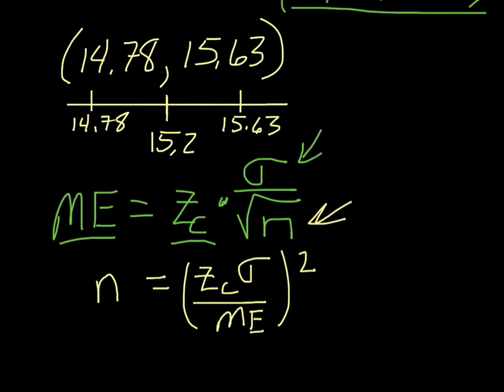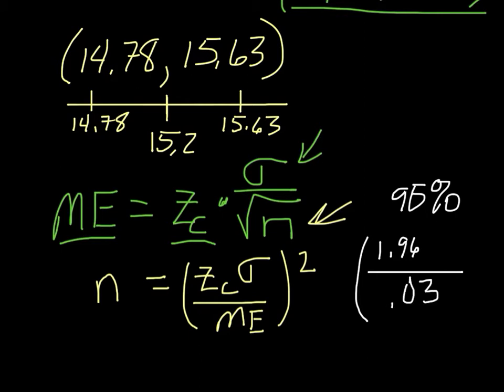Suppose you have a situation, I want to take a poll for the next presidential election, and I want a 95% confidence level. Then I know that my critical value is going to be 1.96. And I suppose in this presidential poll that I want a 3% margin of error, so I would write 0.03.